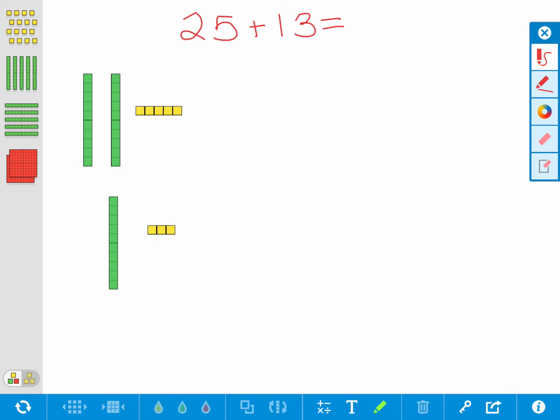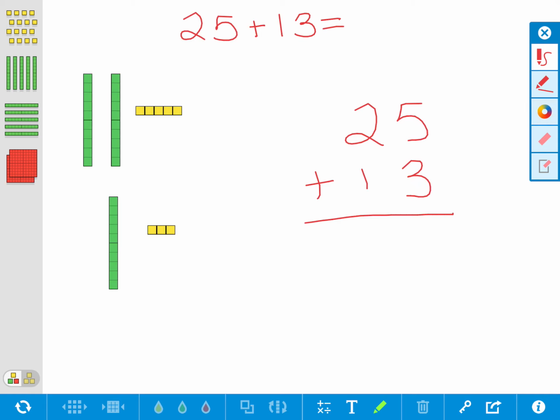Now I'm also going to write my number over here. So 25 plus 13. And on this side, on the right, is where I'll show you how to do that new way of adding numbers, which is called adding with regrouping.